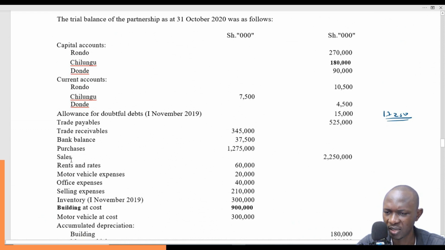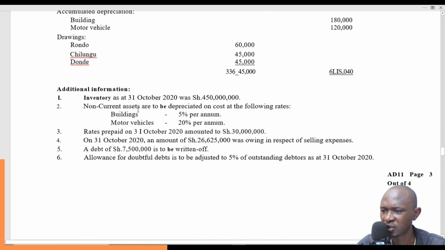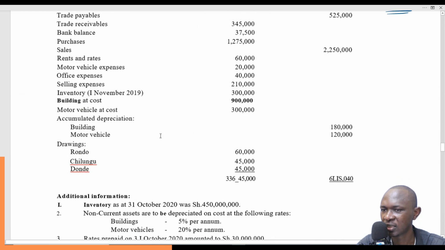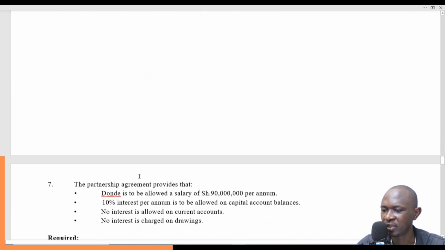And the next one is rent and rates, 60,000. Do you have any additional information on rent and rates? Yes, rates prepaid 30,000. Any other? None. So rent and rates 60,000, and then prepaid is 30,000.